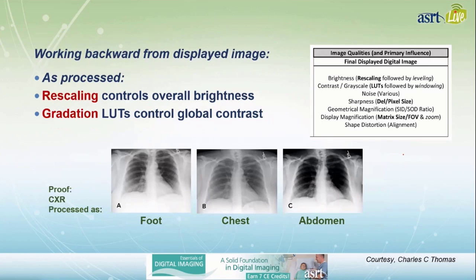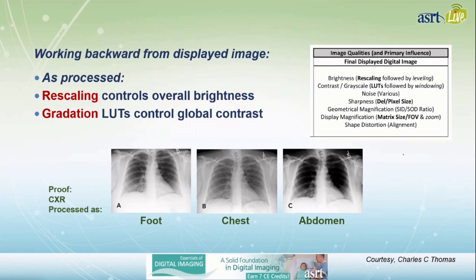Now, another way to make dramatic changes, as you know, is to process that image under a different algorithm. We have a chest here in the middle, processed with the chest algorithm, and some of us do this experiment with our students. On the left, image A, we have that same chest, the same technique, same kV, same mAs, but we processed it as a foot.